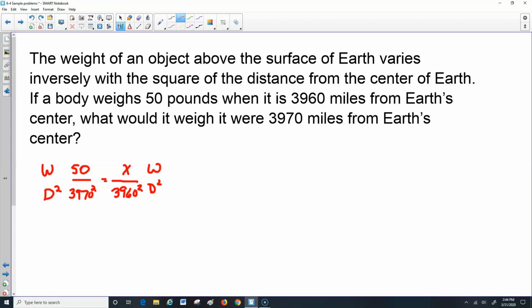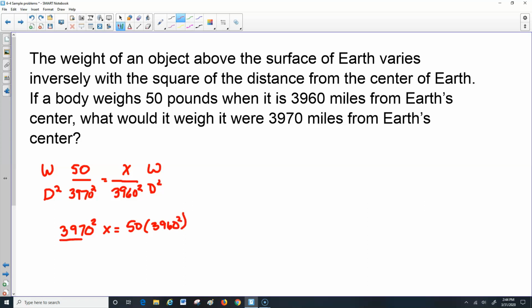Okay, so our numbers are a little big here. Rather than squaring them right now, let me just leave them like they are and cross multiply. So we would say that 3,970 squared times x equals 50 times 3,960 squared.